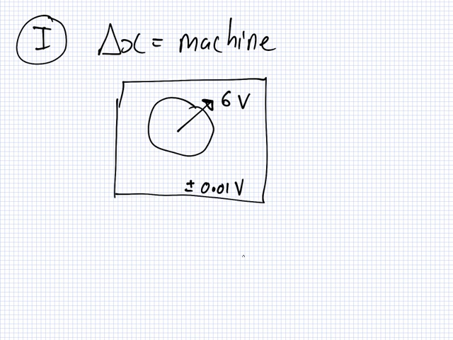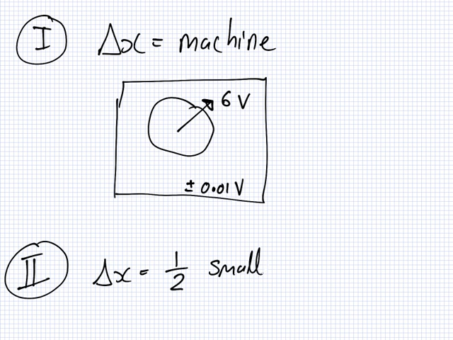Okay. The second method. If your machine does not say this, one way you could estimate the uncertainty is you can say the uncertainty is half the smallest reading. That's another way of doing it.